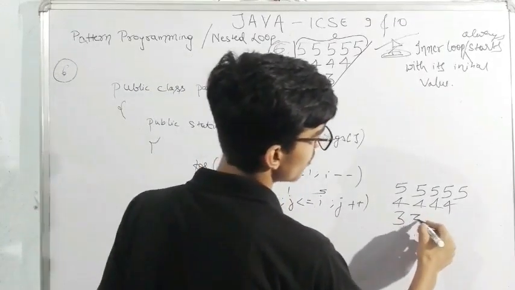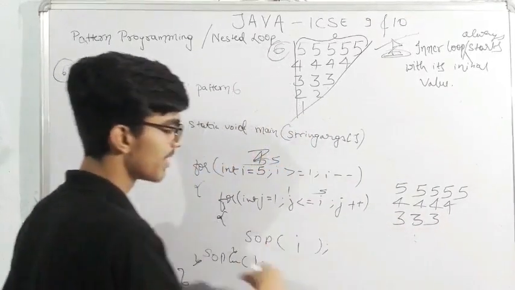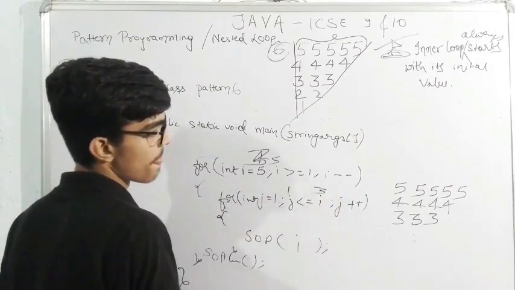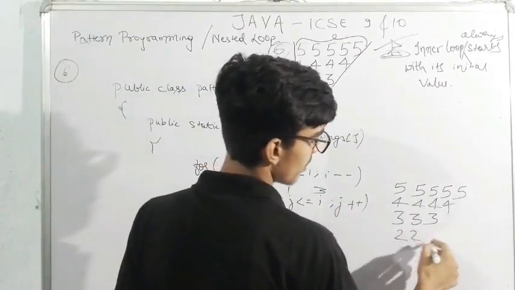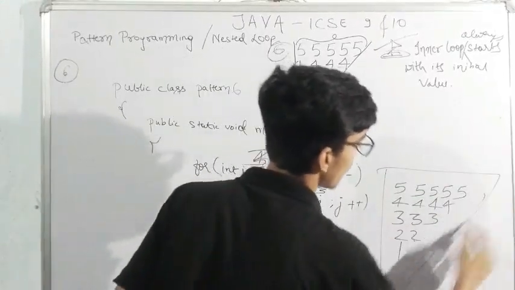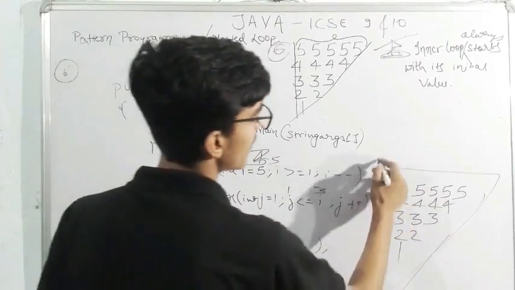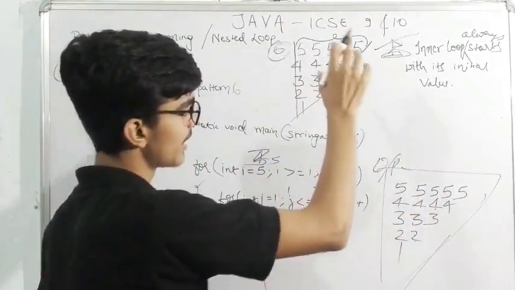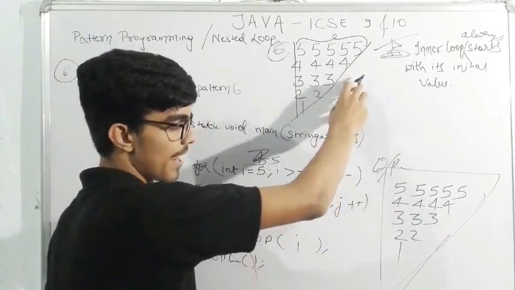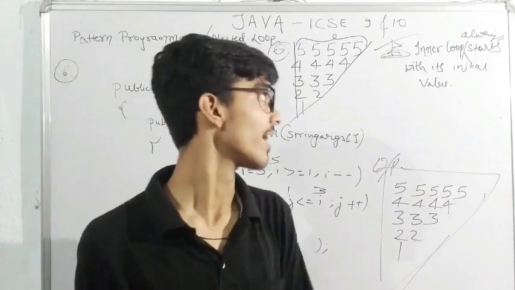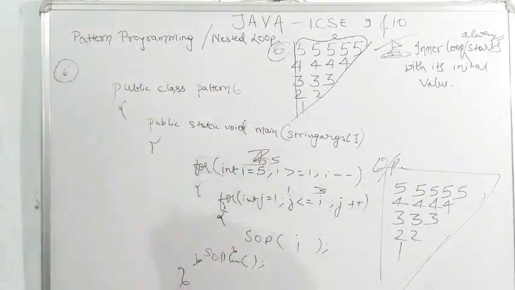So 1, 2, 3, 3 times it will work, and the 4th time it will become false. So when it becomes 2, 2, and at last it will print this value. So if the output of the program matches the given pattern, then our sum is totally correct. So copy this down.